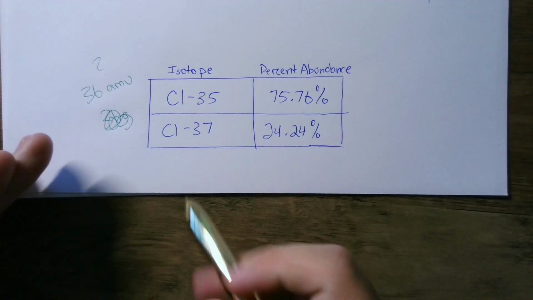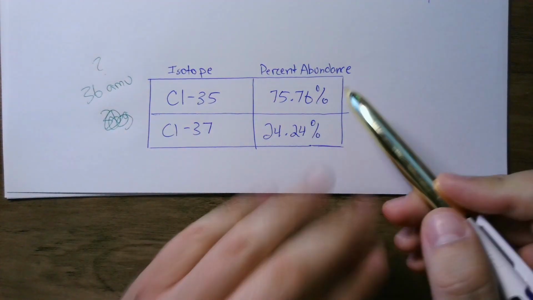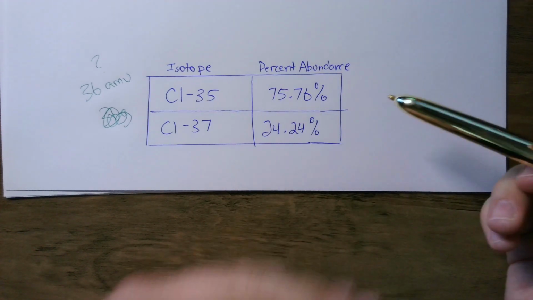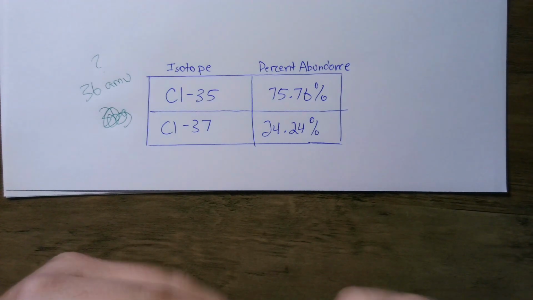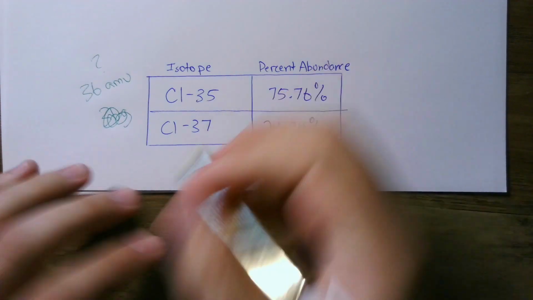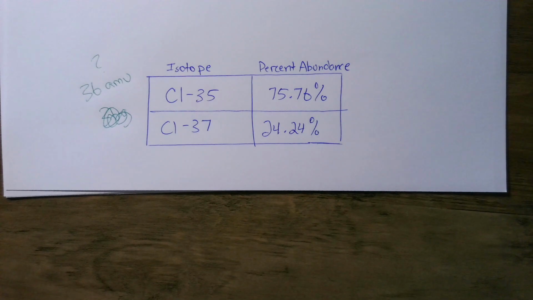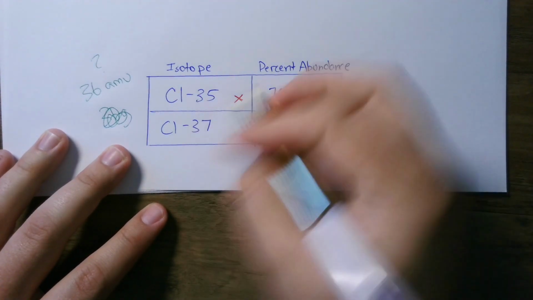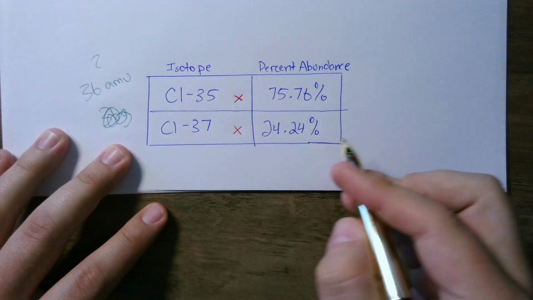Which would make sense if they both appeared 50% of the time. But they don't. One of them is more common than the other. Therefore, we have to take a weighted average. So what you're going to do is multiply across. You're going to do 35 multiplied by its percentage, then 37 multiplied by its percentage.